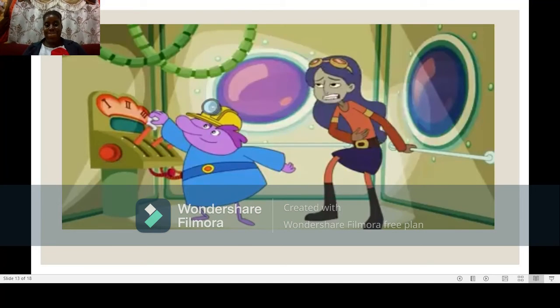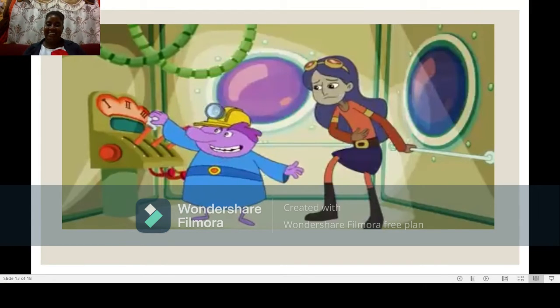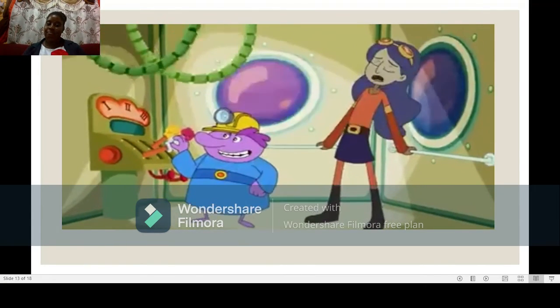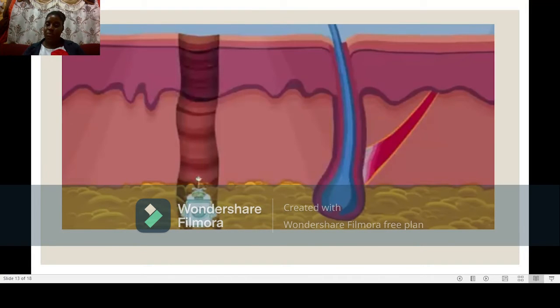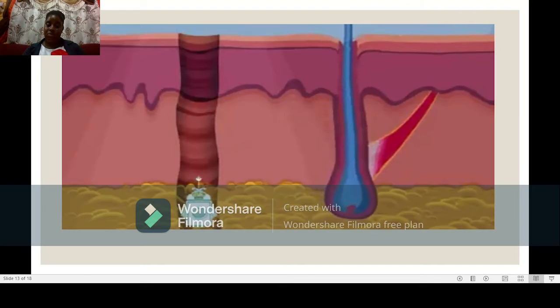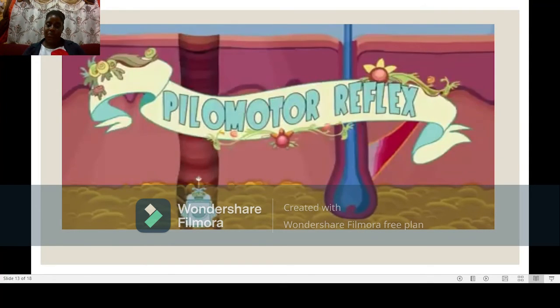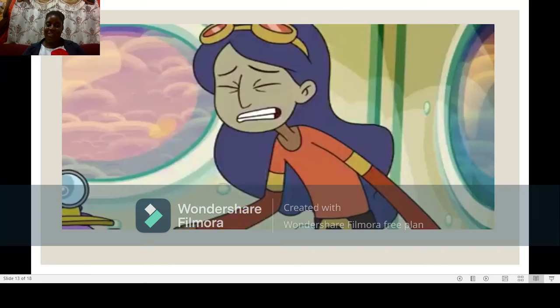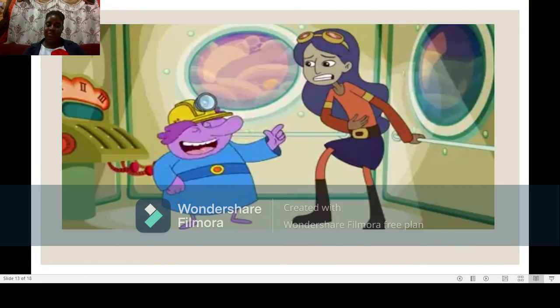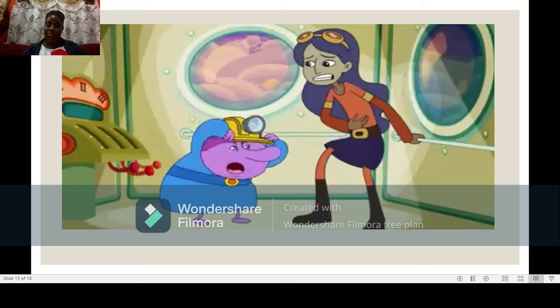Ugh, I bet the hair does it at a more reasonable speed. Ooh, I forgot. Near the base of the hair, there are little muscles called erector pili that tighten when you're cold and pull the hair so it stands up straight. It's called the pilomotor reflex. Fancy word. And that's what makes all those little bumps pop up on your skin.